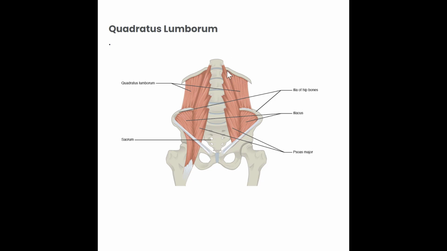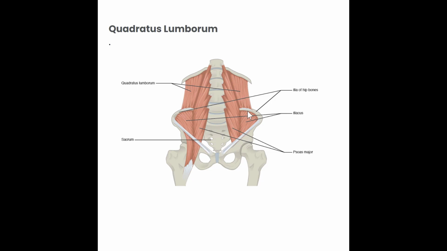So the quadratus lumborum is a rectangular shaped muscle. Hence the quadratus, it has 4 sides to it. And the lumborum tells us that it connects to the lumbar vertebrae. So it's going to connect these iliac crests here back to the lumbar vertebrae. And this is going to form a really big chunk of our posterior abdominal musculature.